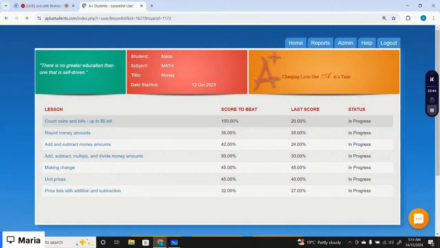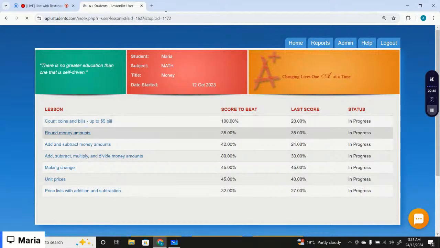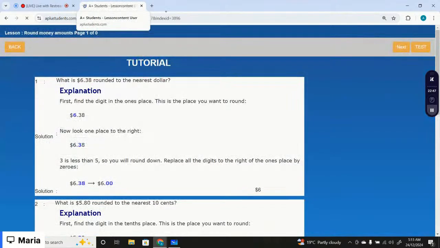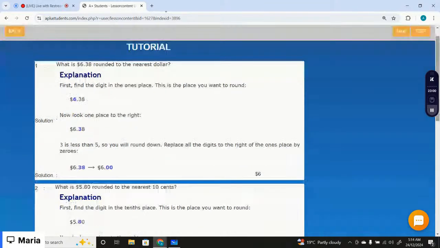That is round money amounts. What is $6.38 rounded to the nearest dollar?